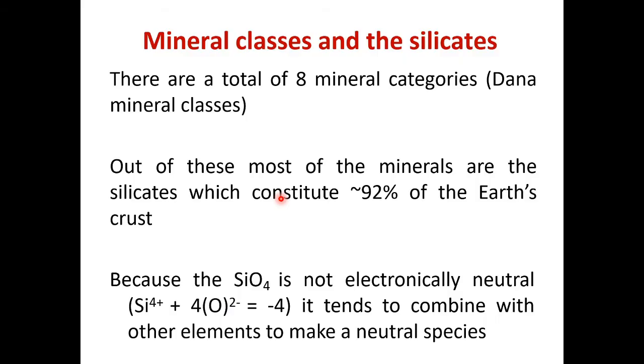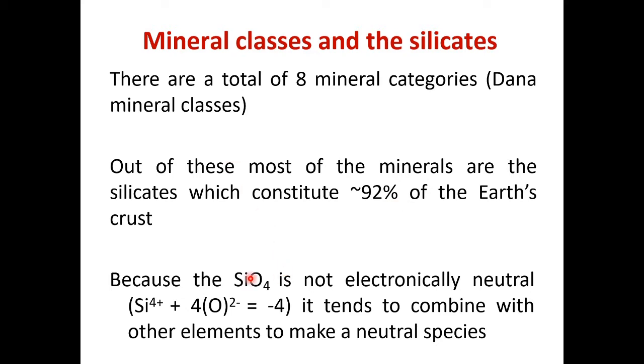So let's get started. As I told in my previous video, there are different categories of minerals like oxides, sulfides, carbonates, silicates, native elements, and so on. These are called the Dana mineral classes. Out of these, most of the minerals are silicates, which constitute 92% of Earth's crust.